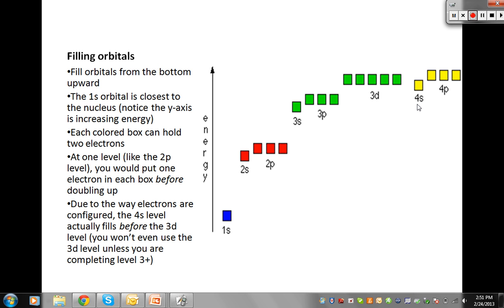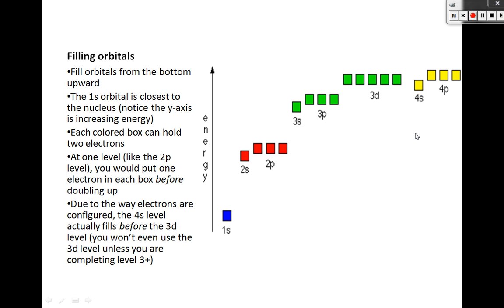Those of you who feel like solid 3s or even 3 pluses, you really like that extra challenge and you think you can handle it, you are going to get into the 3ds and even the 4ps, and maybe even the 4ds and the 5s's. Nobody is going to get any f elements though.